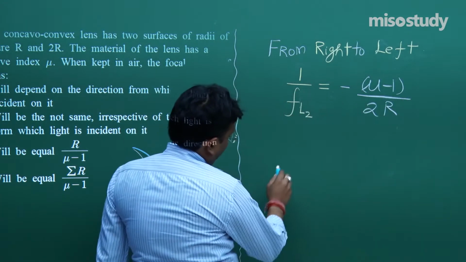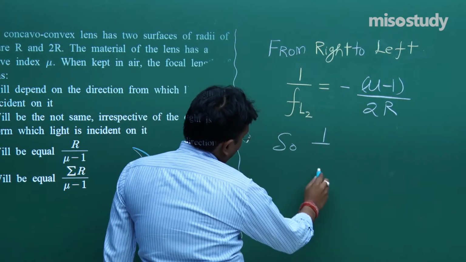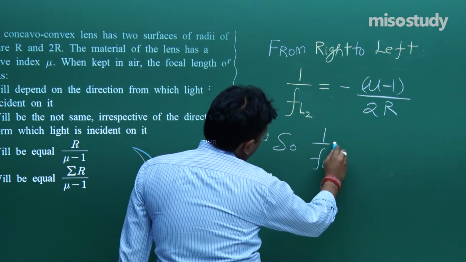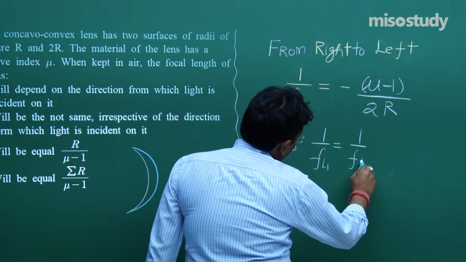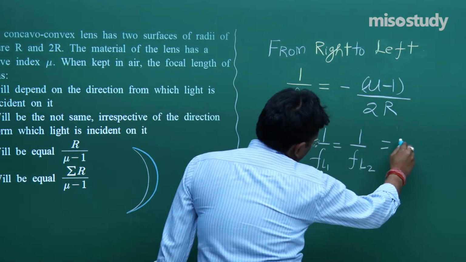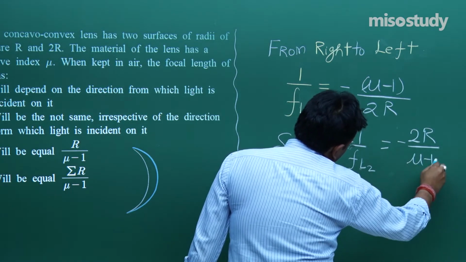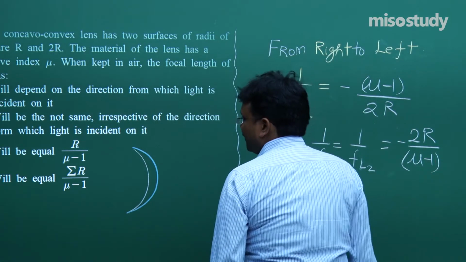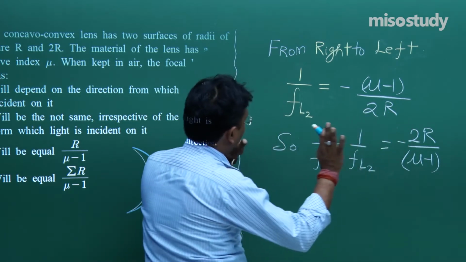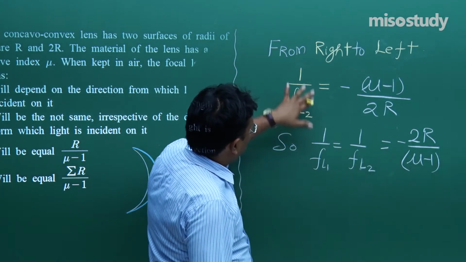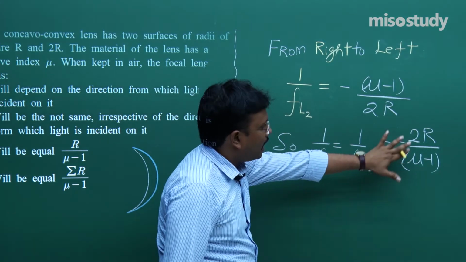So 1 upon FL1 is equal to 1 upon FL2, that is minus 2r upon mu minus 1. Now let us start checking the options. One thing is crystal clear from this solution, that 1 upon FL1 and 1 upon FL2 both are same.